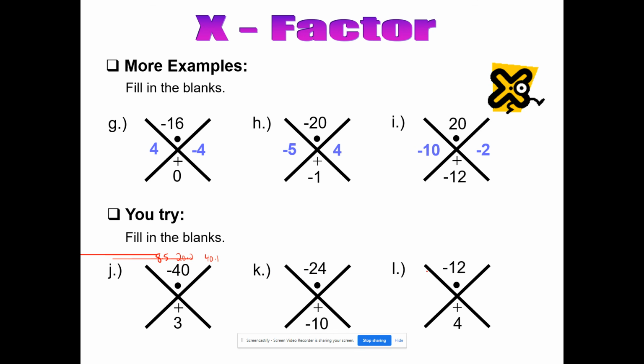So ahead of time, you kind of know. All of these are going to have one negative and one positive because they're all negative here. So like here, one negative and one positive on both of these. But this one has two options. It's either two positives or two negatives, because when you multiply, you get a positive. So if I make this 8 and negative 5, that will work.